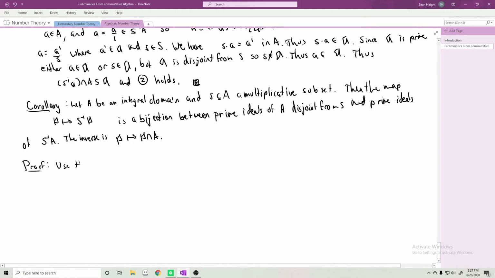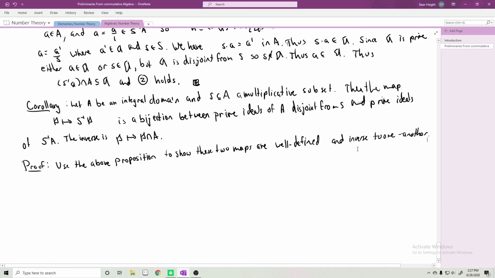Use the above proposition carefully to show these two maps are well defined, and actually inverse to one another as claimed. Okay.